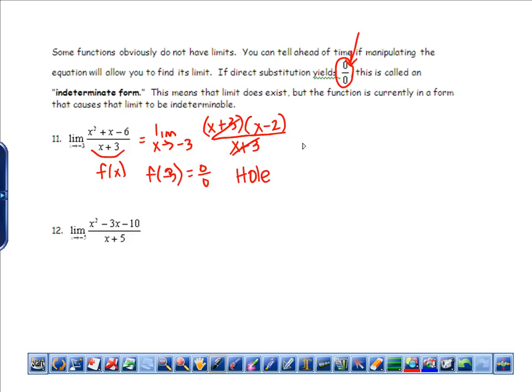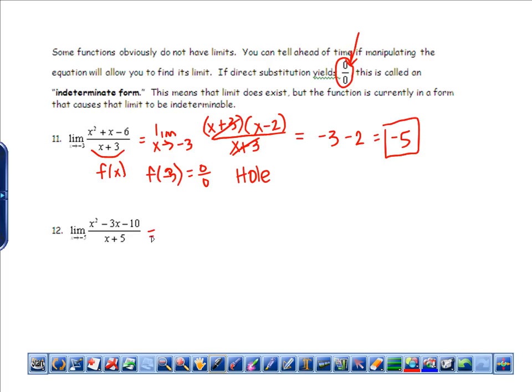Okay? If I had just had 0 in the denominator, just had a vertical asymptote, that's different, all right? But this is a hole, this is not affecting the graph. It is affecting the graph, but it's not affecting the limit, okay? Once you simplify it algebraically, you can get the limit. Now, sometimes it's not always as simple as just factoring and canceling out the hole. There are going to be harder problems, but the whole idea here is 0 over 0 means the limit exists. We've just got to do something to it, okay?